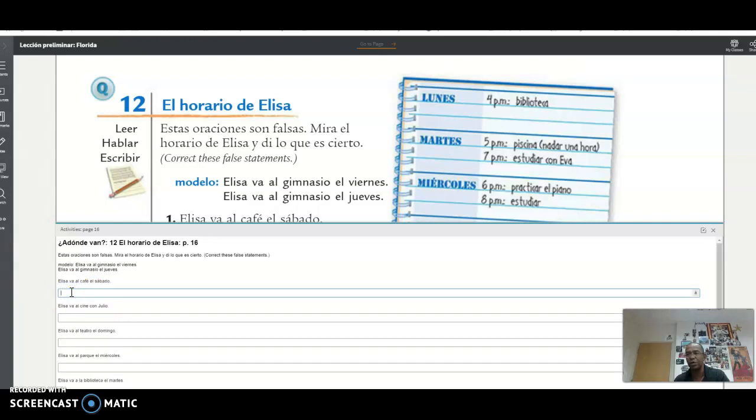So you type the correct sentence right here and make sure that you start with Elisa with a capital, va al café, con acento en la E, with an accent on the E. El jueves, ¿no?